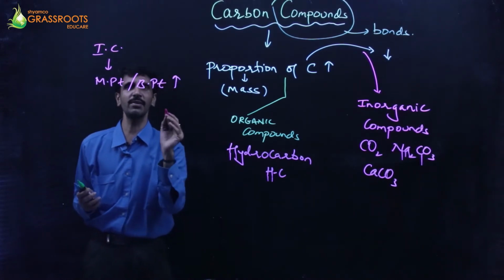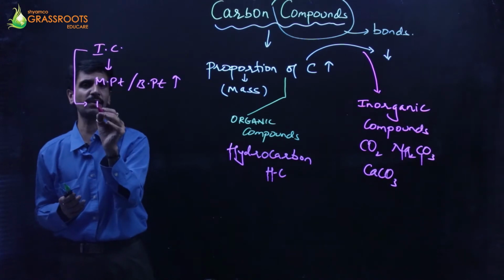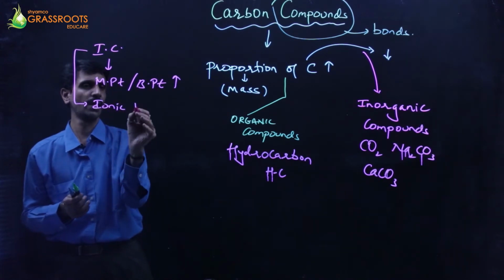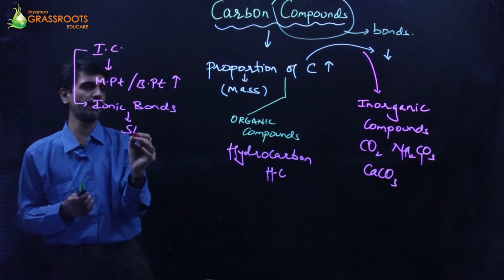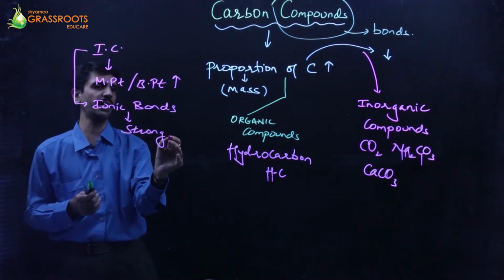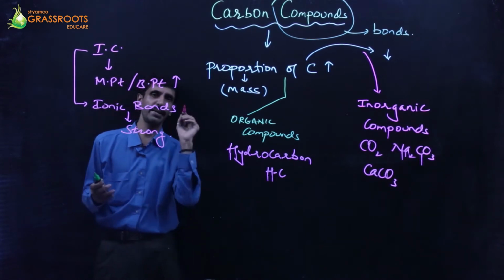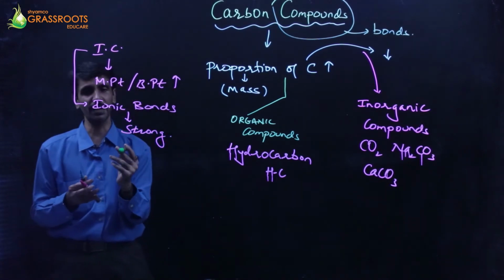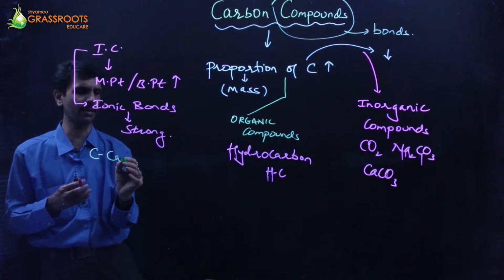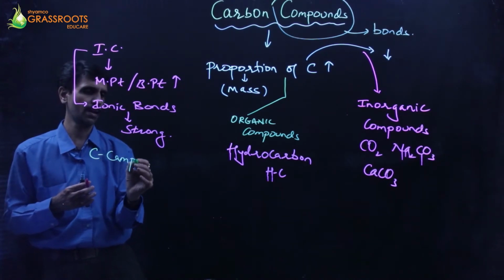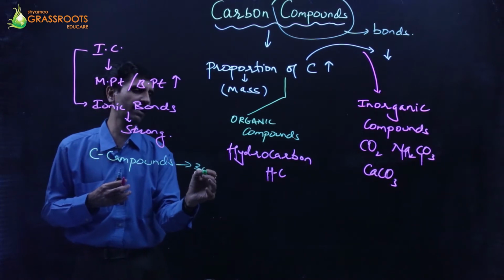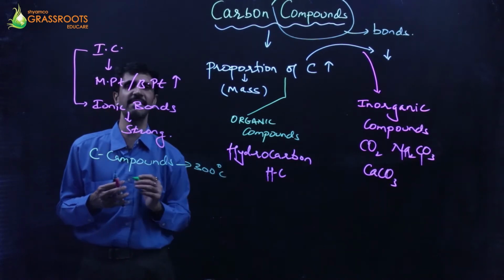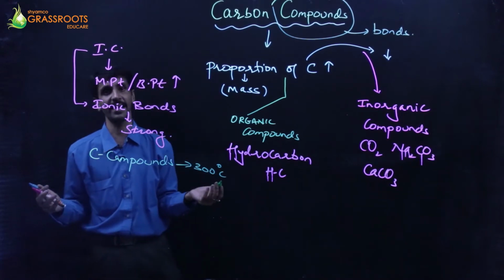The properties of these ionic compounds were being expressed in terms of ionic bonds. The ionic bonds are very strong, and therefore the melting point and the boiling point are high. But my dear friends, when I talk about carbon compounds, the majority of them have their melting point and boiling point only around, say, 300 degrees Celsius, which is not very high.